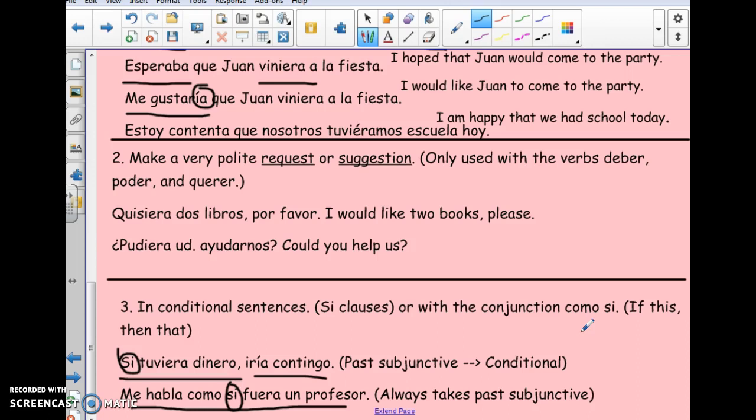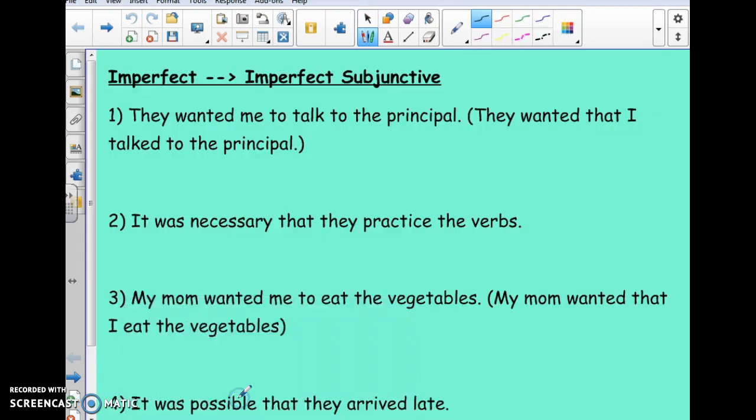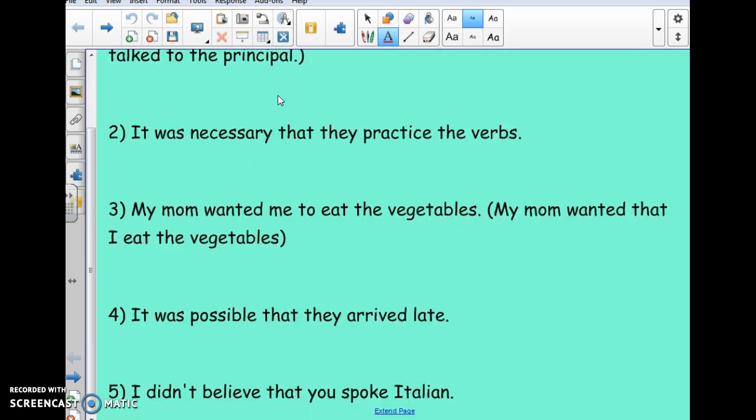So what I want you to look at, just to get a little practice of this, is in your green practice packet. You're going to be looking at page 8. And you'll see it starts and looks like this. I kind of divided this activity into sections. The first section is going to start with an imperfect verb and then use the imperfect subjunctive.